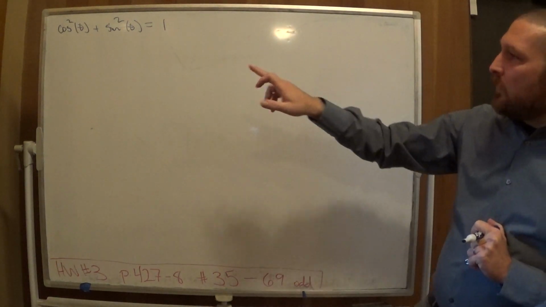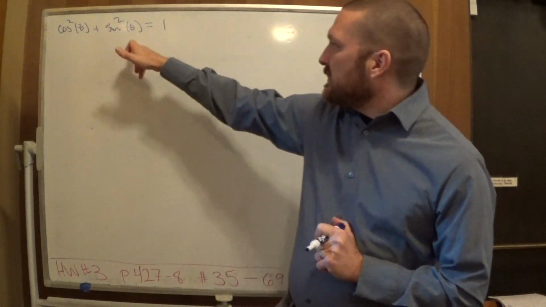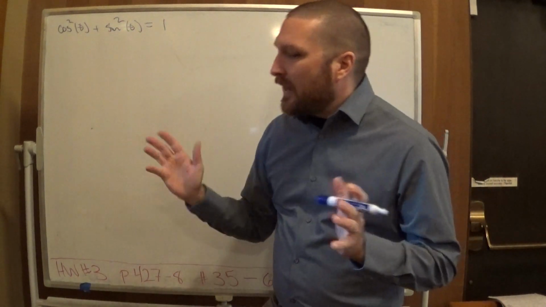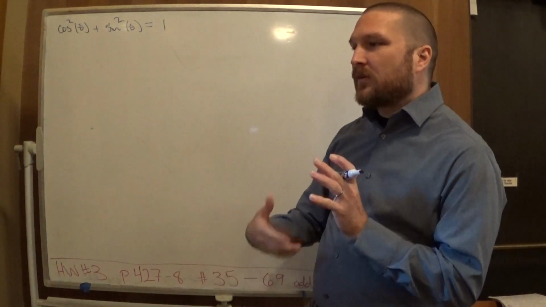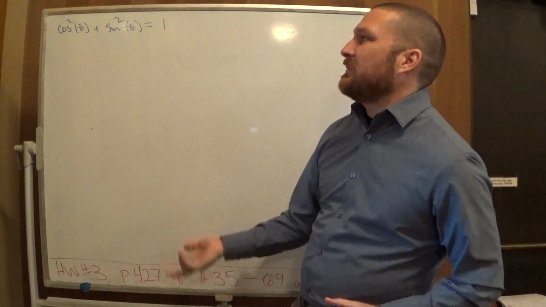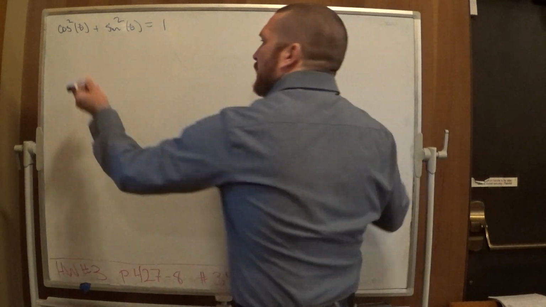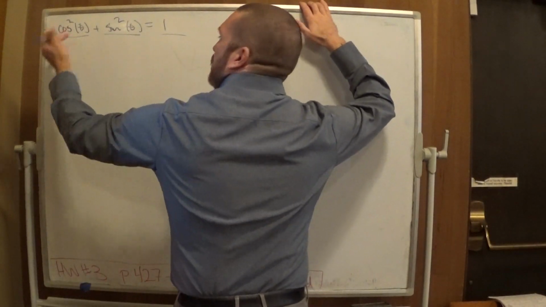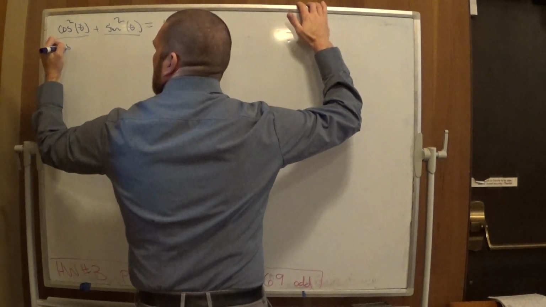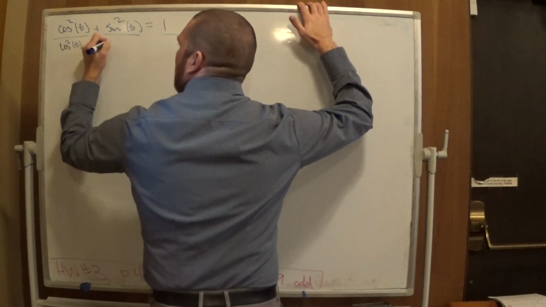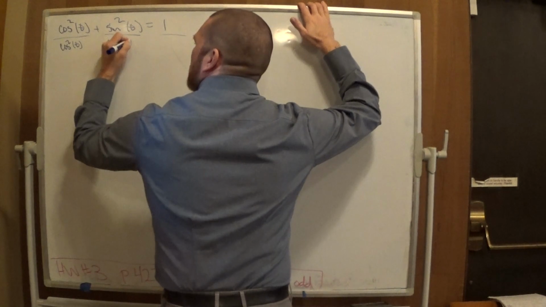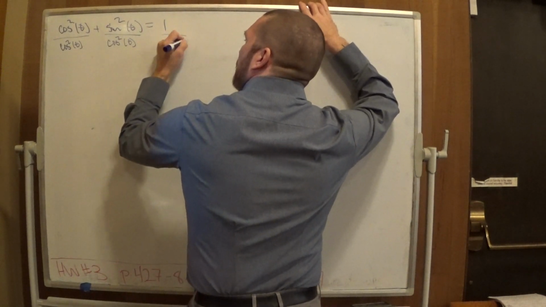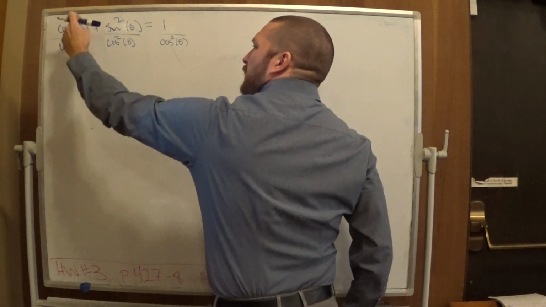Now what we're going to do is divide every single one of these by, and in practice it will depend on what you're trying to do, but just to derive the other 2, let's start with cosine squared. So I'm going to divide everybody by cosine squared theta. Cosine squared over cosine squared, what does that equal? 1.